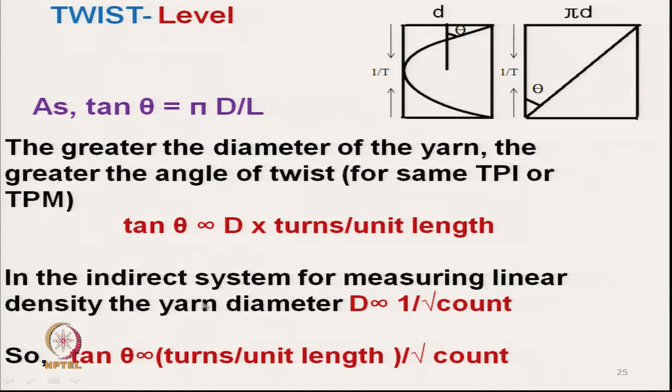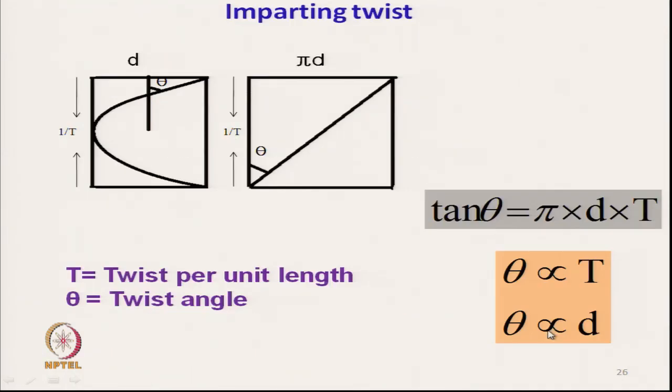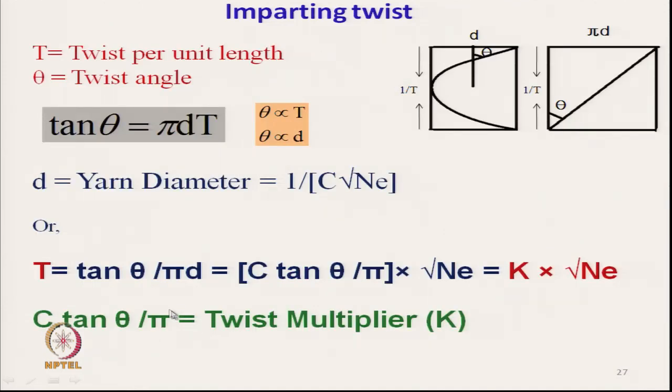So, in the indirect system of yarn count, the diameter is inversely proportional to the under root of yarn count. So, tan theta is proportional to turns per unit length divided by under root of count. So, tan theta equals pi d T, and T is the twist per unit length, theta is the twist angle.